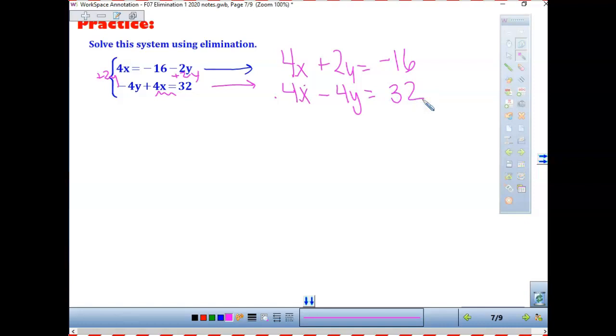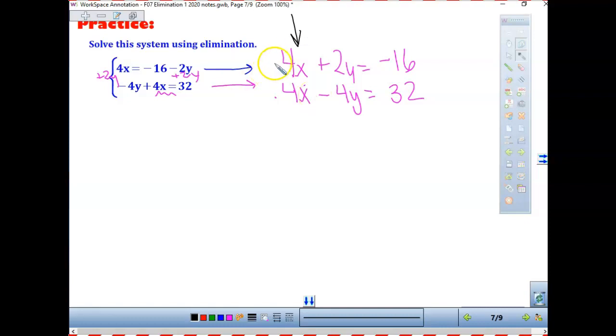It looks like the x's are canceling, right? But as I look at that, what do I need to do to one of them? What would you say here? What could I do so that the signs become opposites? Multiply by, not by 1, but by, what's going to give me the opposite?